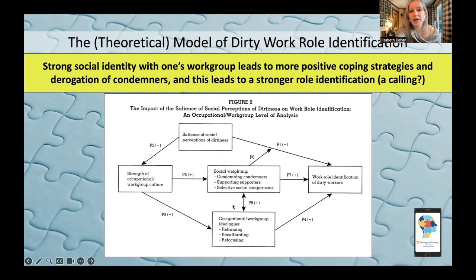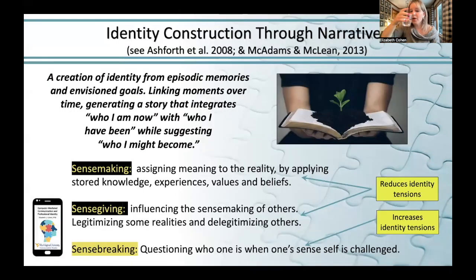It allows them to engage in all of these really meaningful defenses against other people's perceptions, but also reinforcement of the positive messages that they give each other. And then that leads to work role identification. And like I said, I would argue that this is also a calling.